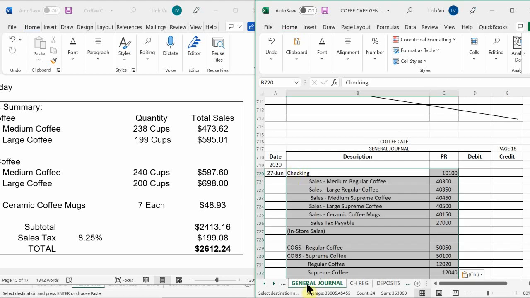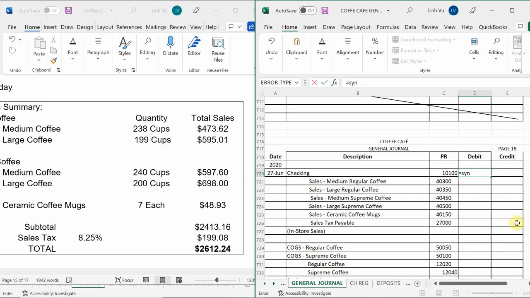Sales. Okay. I should be receiving money. I should be having sales, charging some sales tax. Okay. Right.